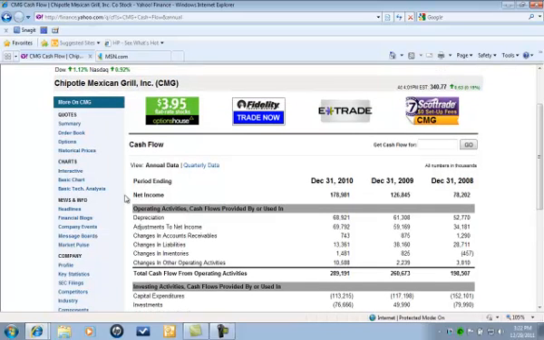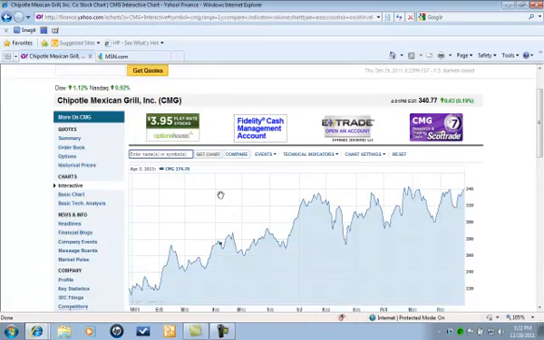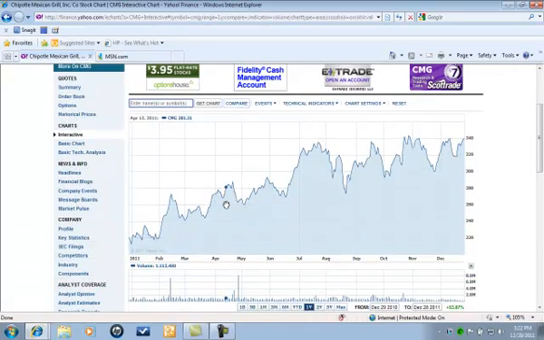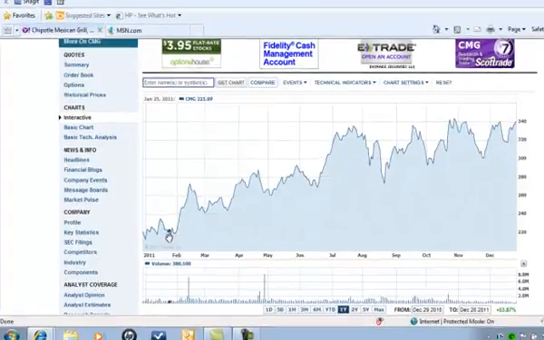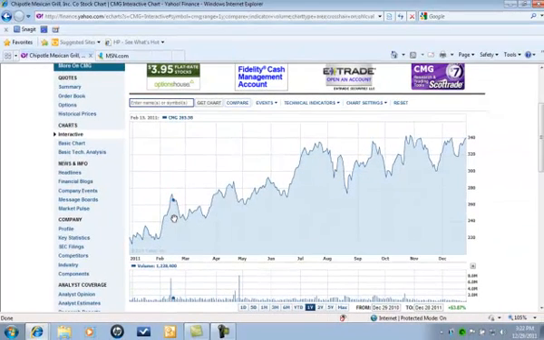So now the other thing you need to know is that there are two types of stocks. There's income stocks, and then there are growth stocks. Now, the difference between an income stock and a growth stock can be seen basically in the trend line that's developed. You see, Chipotle's is a growth stock, and that is, look at where it was down here.